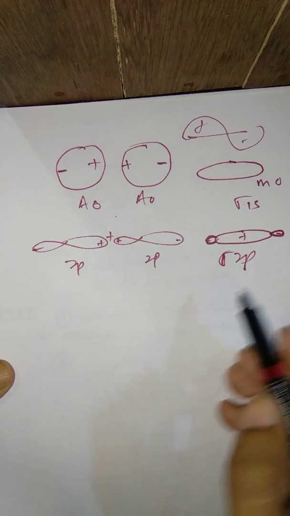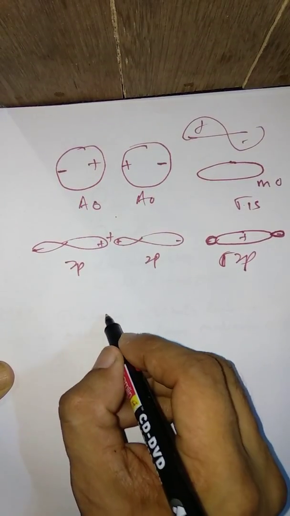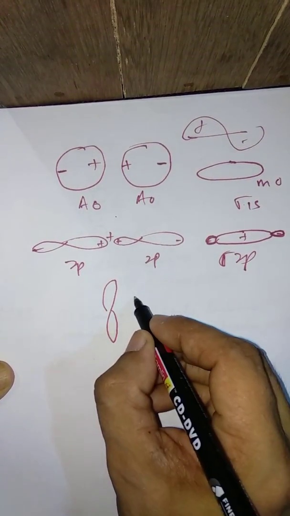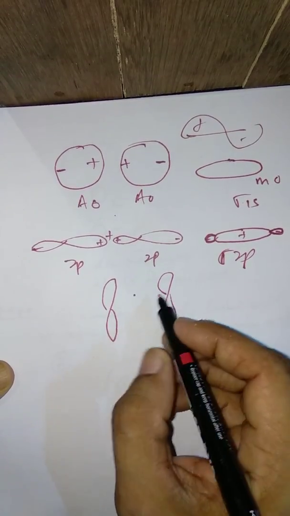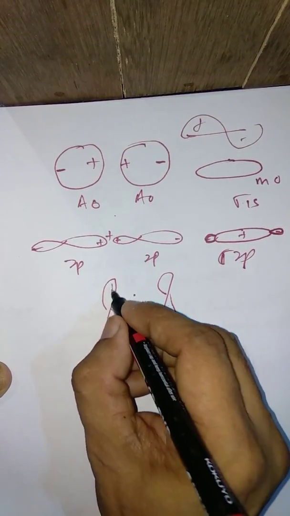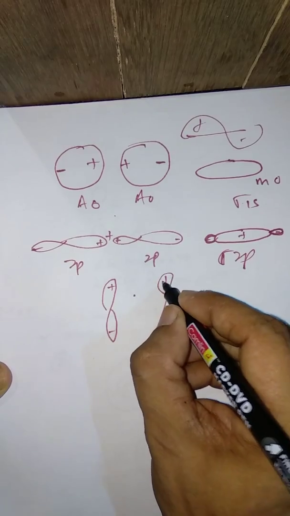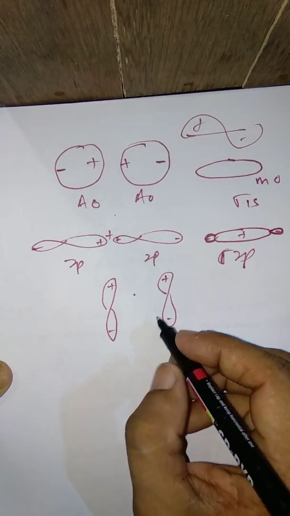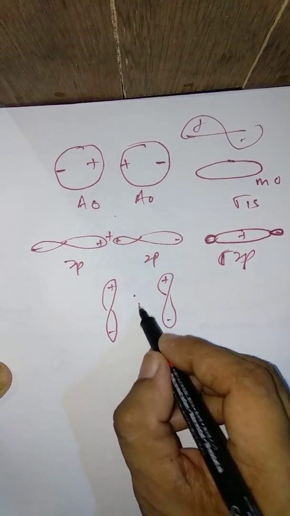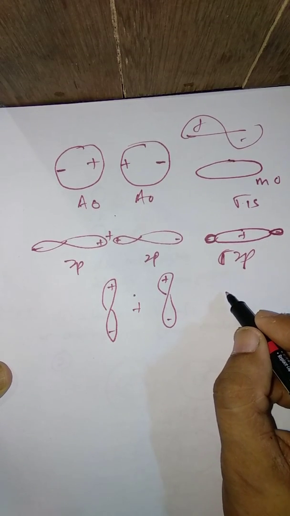That is a sigma bond. As we see, they are head on, and they are axial, so they form the sigma bond. And let's say if we take the p in the lateral way, that is a sideways pattern, and this is again representing the same phase, and they combine.